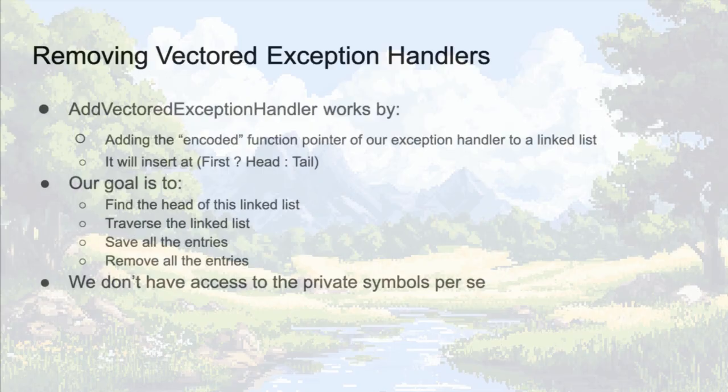And once we've obtained the head, there are multiple ways in which we can remove all the registered vectored exception handlers. I must make this clear, this is only one way of doing it. There are many other better ways. So next we traverse the linked list, save all the entries, and then call remove vectored exception handler against all these entries.